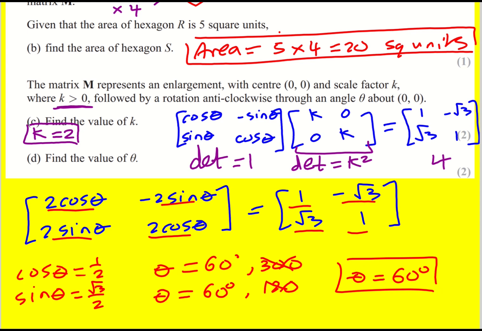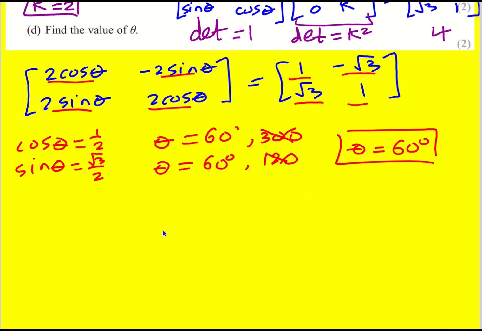The only other way you could do it, they've kind of hinted at it with the determinant, you could do this without the determinant. And I remember I did a question in the past, forgetting that we could use the determinant. So if you didn't know that it was 2 and you had a k here, then you could write down k cos theta equals 1.